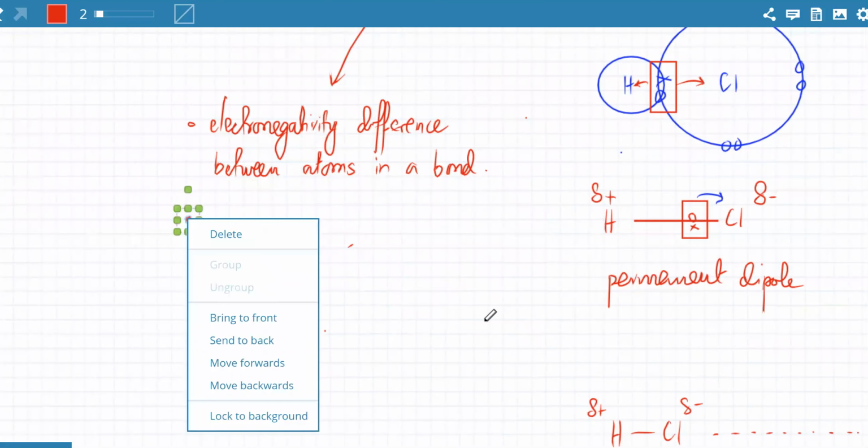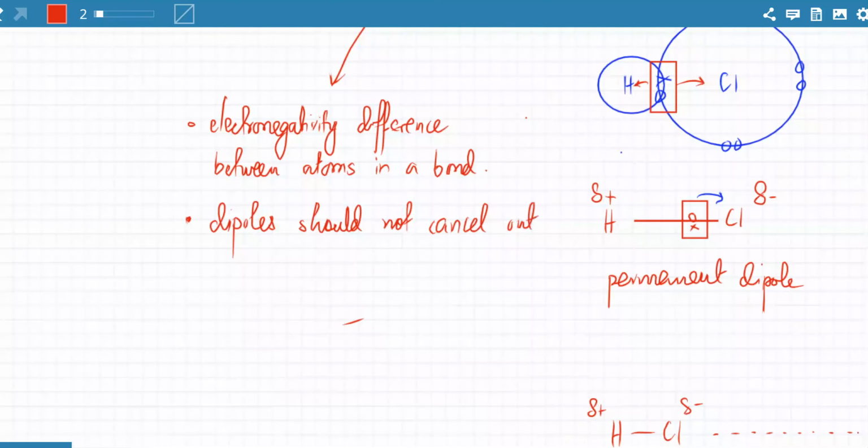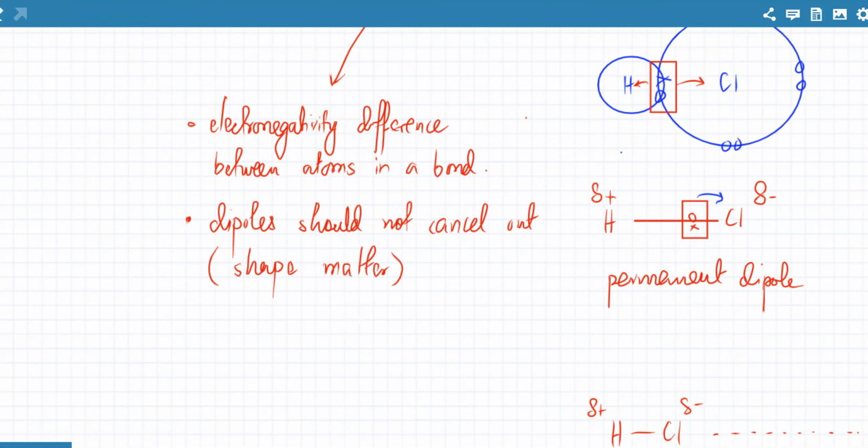The other one is that the dipoles should not cancel out, and for that it's shape that matters. You have to have an idea of what the shape of the molecule is.